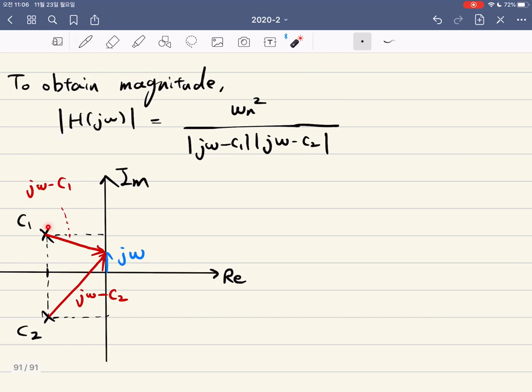So this is the interpretation with this S-plane.